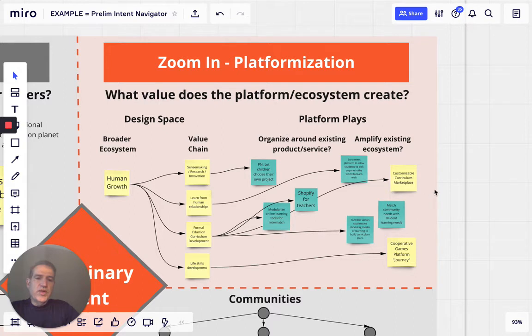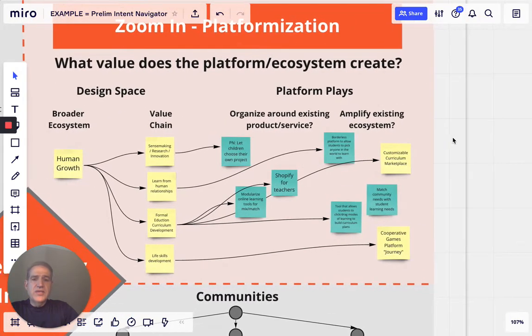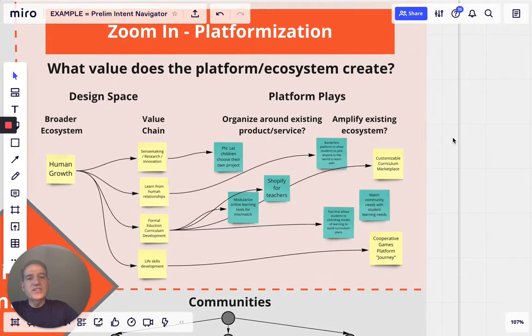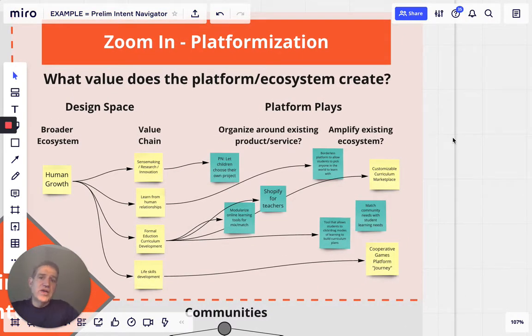And so we brainstorm in this quadrant around what those ideas are, and then we also like to categorize them in one of two ways, whether you're trying to mobilize an ecosystem around an existing or an emergent product or service, which is kind of a left to right thinking about how you might mobilize an ecosystem, or you're trying to amplify an existing ecosystem or community that already exists where there's latent enthusiasm and energy to interact, but they're struggling, and the use of a platform or ecosystem model would help them get off the ground.